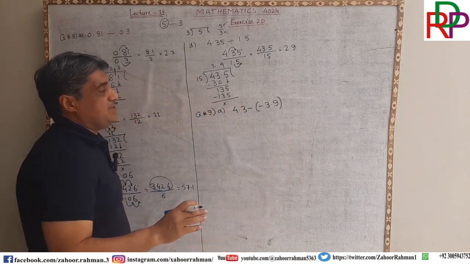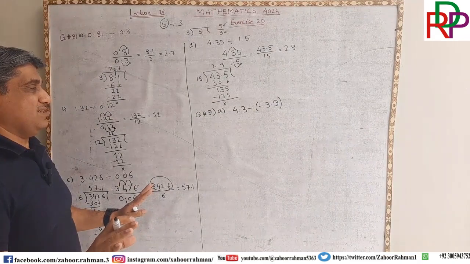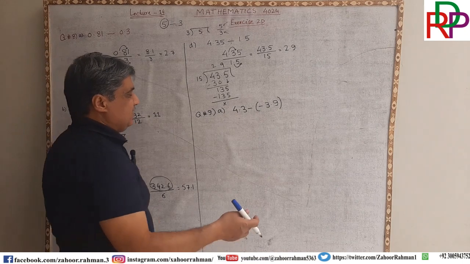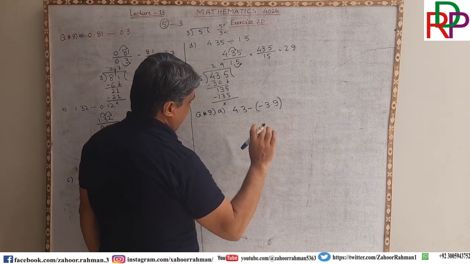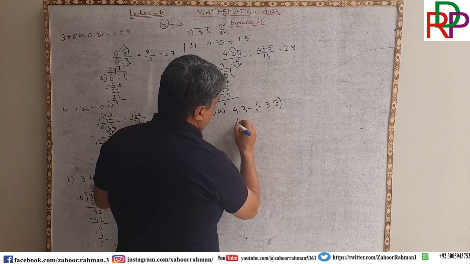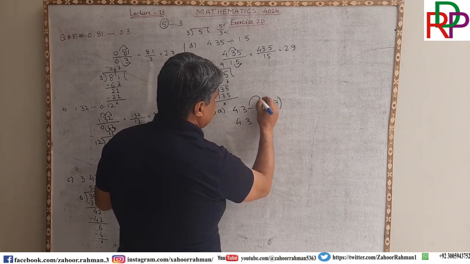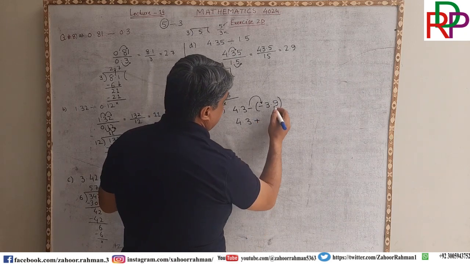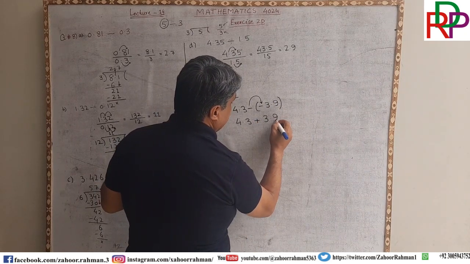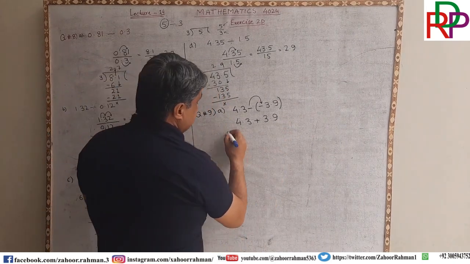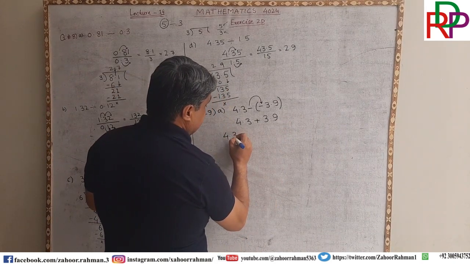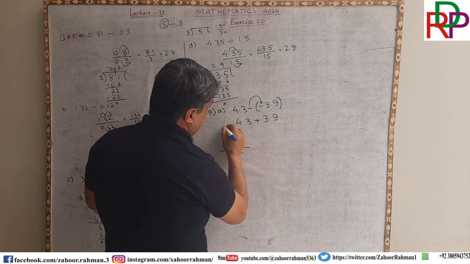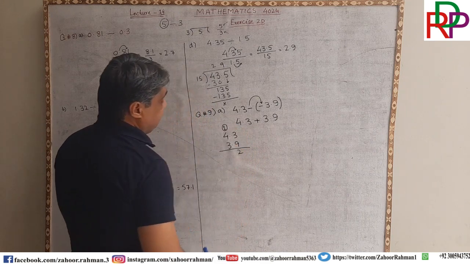Remember, ladies and gentlemen, that these are the basic level questions. We have to go towards the intermediate level questions in a moment, and that will be a bit advanced. 4.3, when this minus is multiplied with this minus, it will become positive, and then we have to write 3.9. Now 4 plus 3 and 3 plus 9, it will be 12 and 1 will be carried.